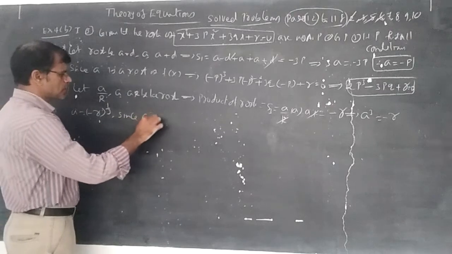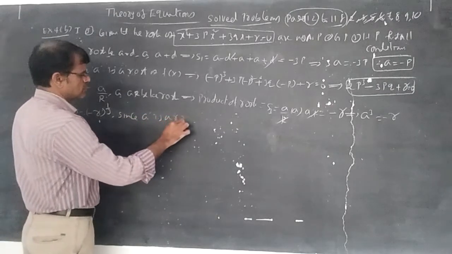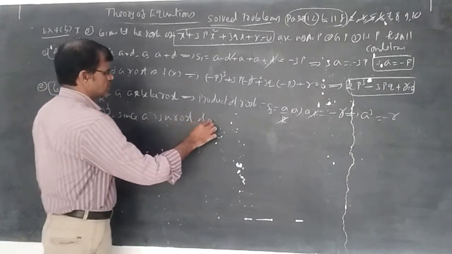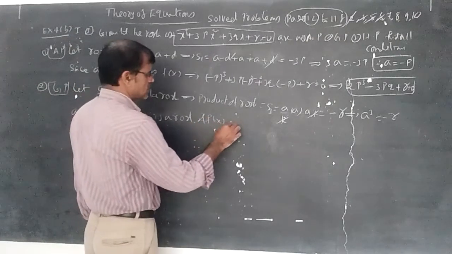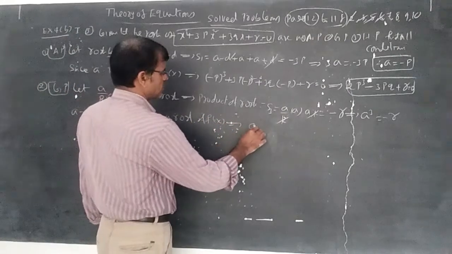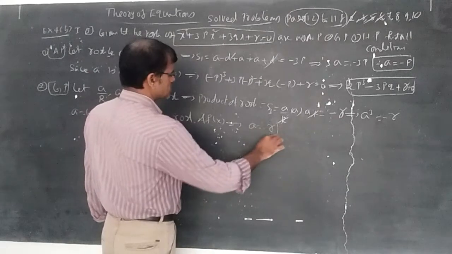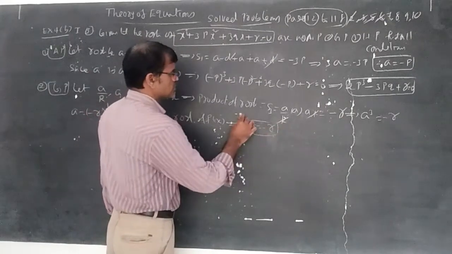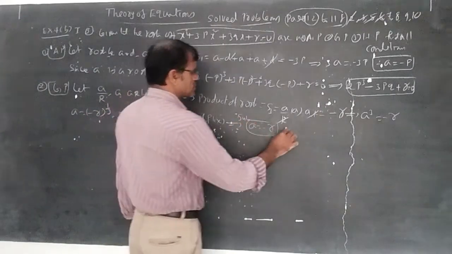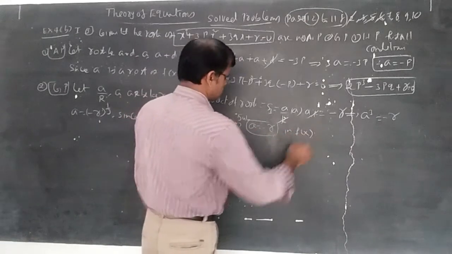Since a is a root of f of x, substitute the value a is equal to minus r in f of x.